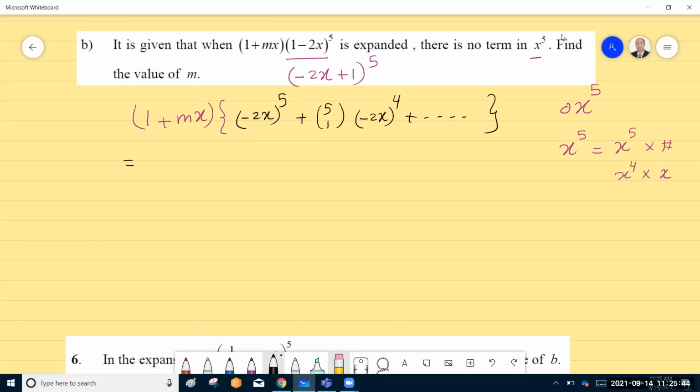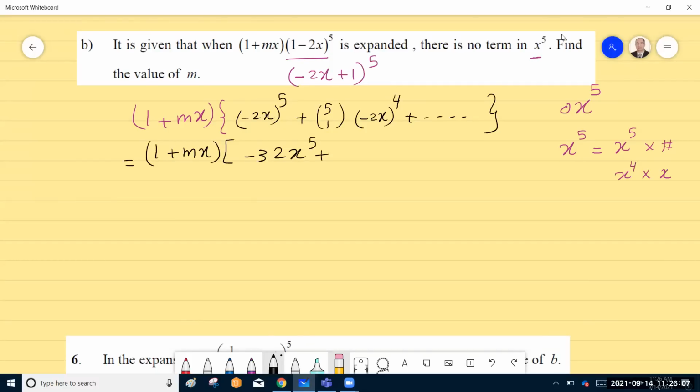The x to the power 5 coming from 1 plus mx multiplying by this is negative 2 to the power of 5, which is negative 32. You can check by calculator: 2 to the power of 5 is 32. Negative 32x to the power of 5, okay?